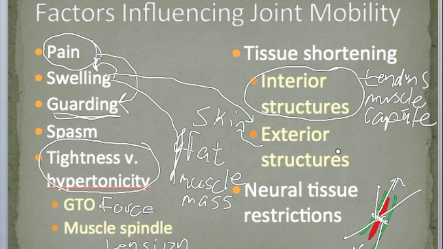If you have changes in the exterior structure, that could be swelling again. The skin's stretched out. There's edematous fluid in the way of movement. Or if you have someone who has a scar or a painful skin tissue area that they don't want to move, that can influence mobility. And you have neural tissue restrictions when that nerve is not gliding appropriately within its sheath.